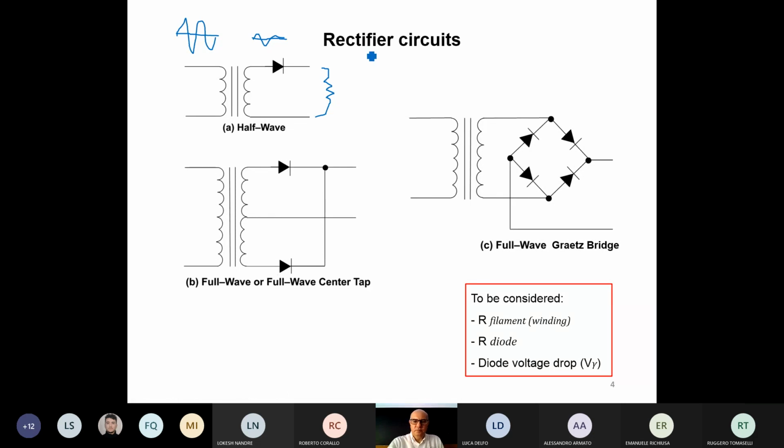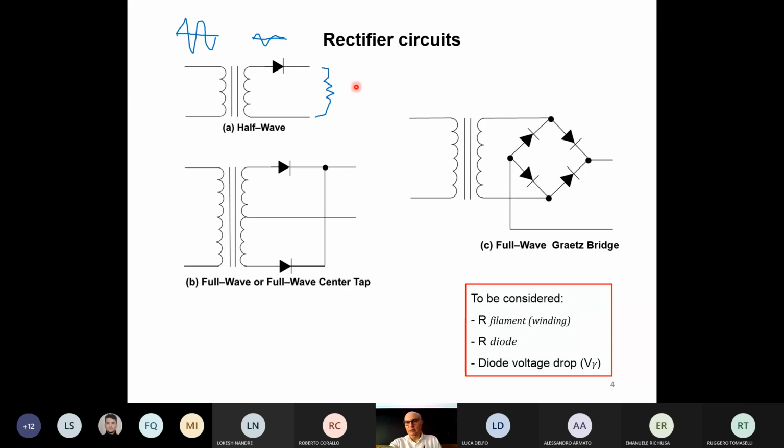In this case, what happens is that only the positive wave will bring the diode into conduction. Because we have a positive on top and a negative voltage here. The diode will have a positive voltage on the anode, and so will conduct. This means that this positive wave will pass to the resistor. So on the resistor, you will have the positive half waves of the input voltage.